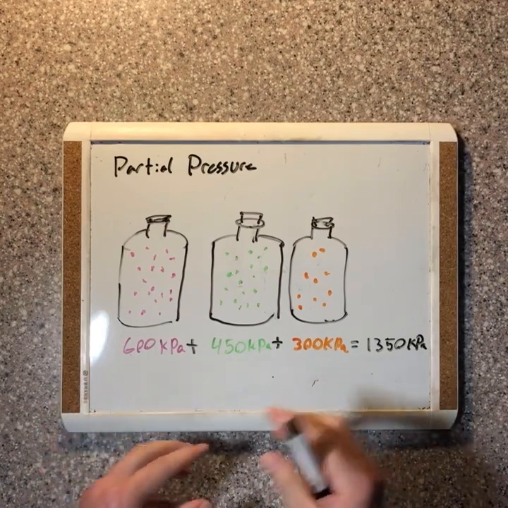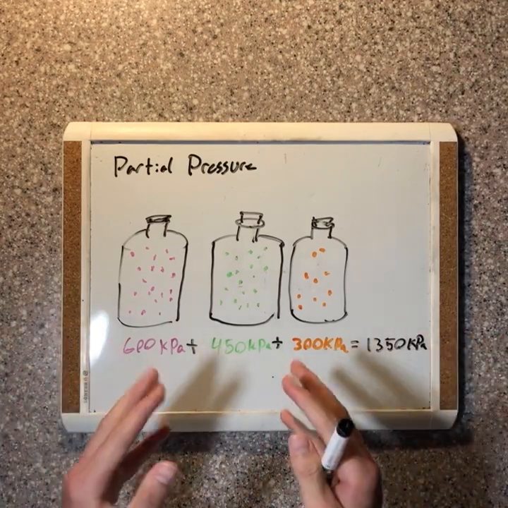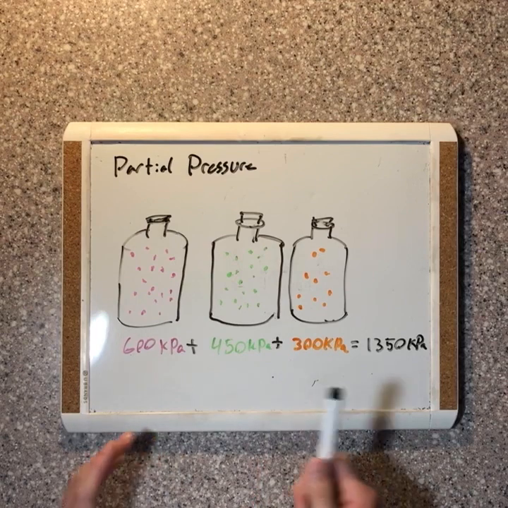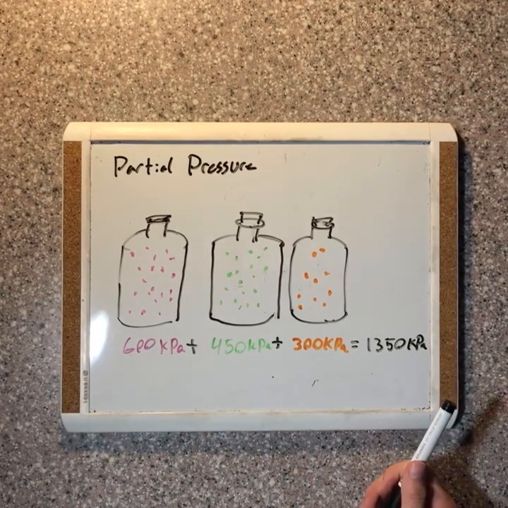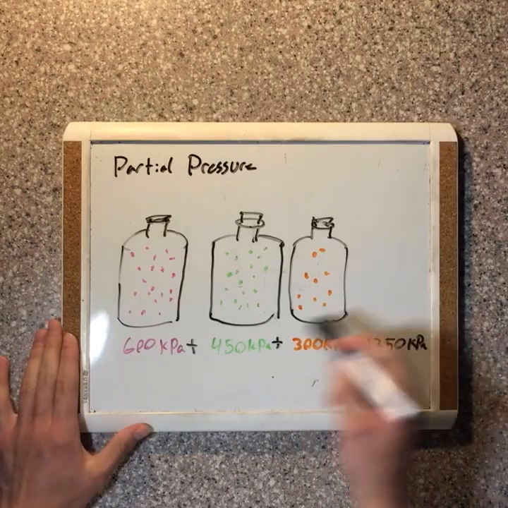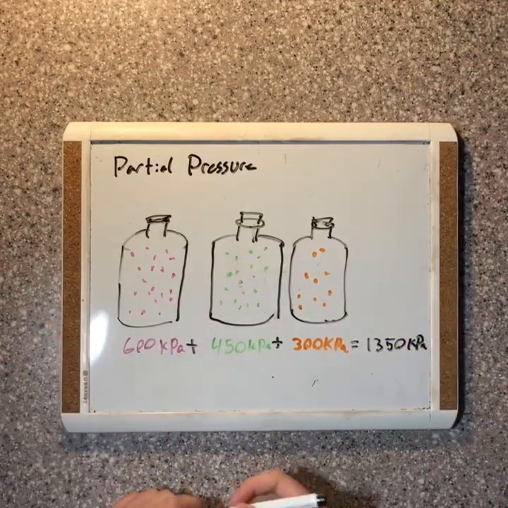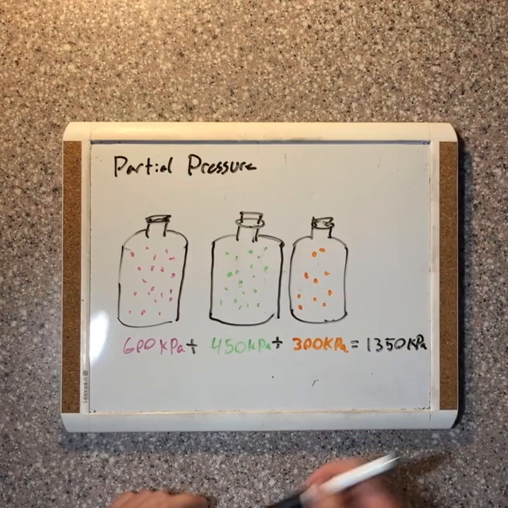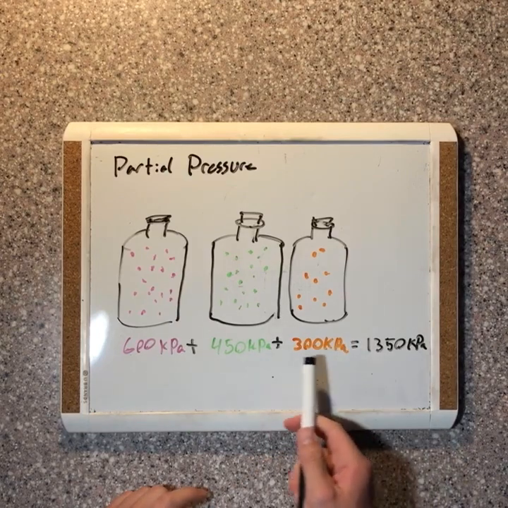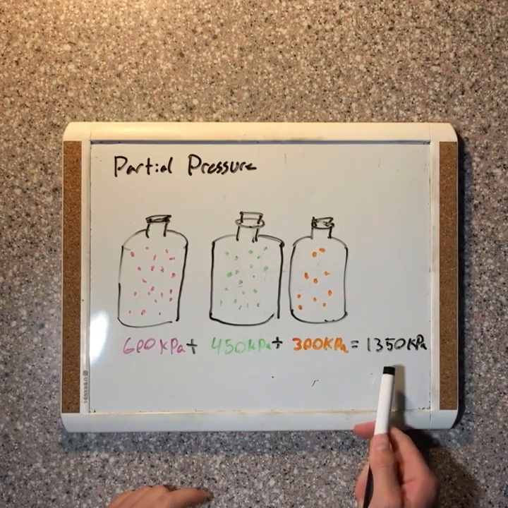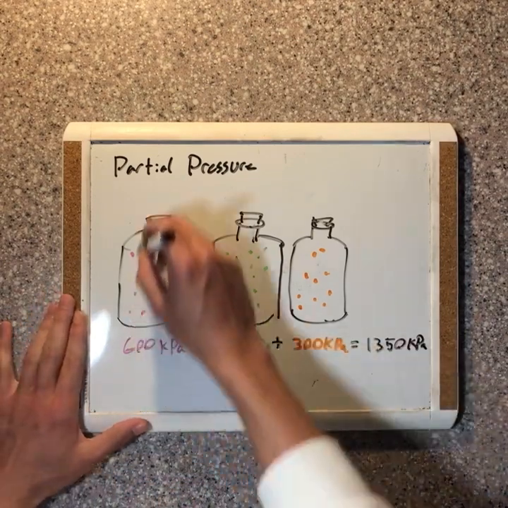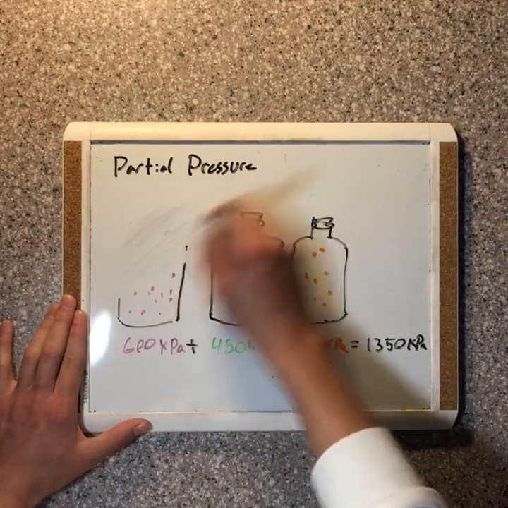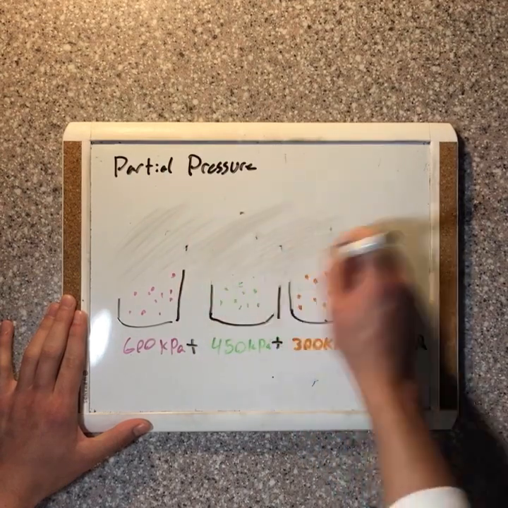You have different gases mixing together, each exerting their own part of the pressure, and that gives you your total pressure. So if we were to have all of these in one container with different elements in there, you would add together the partial pressures and have about 1350 kilopascals of pressure. So let's see this in action with a problem.